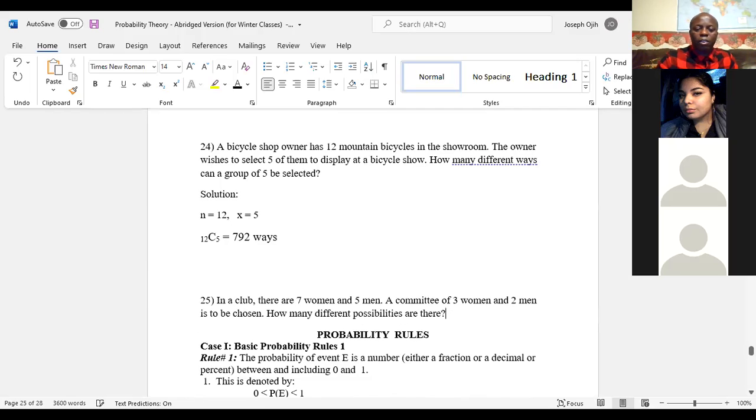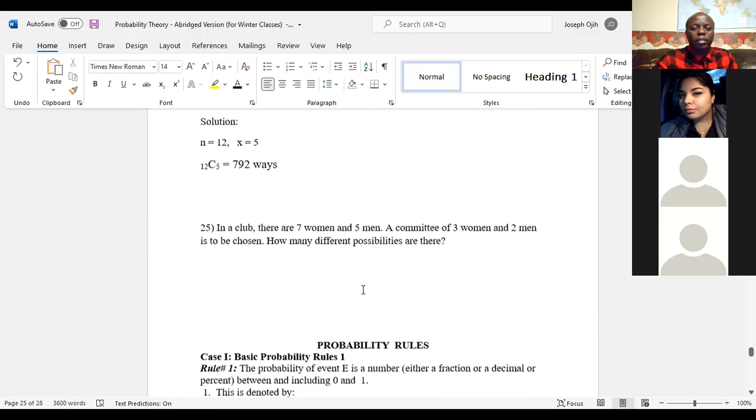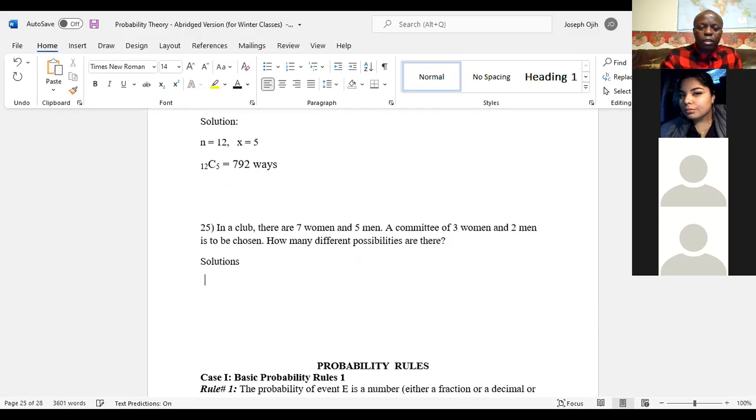In a club, there are 7 women and 5 men. A committee of 3 women and 2 men is to be chosen. How many different possibilities? There's no particular specific order of doing that. So let's say we have men and women in this committee.